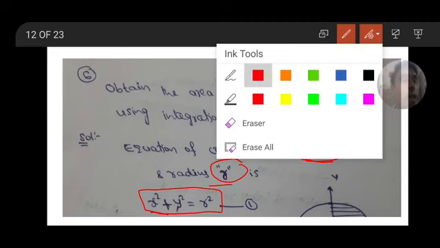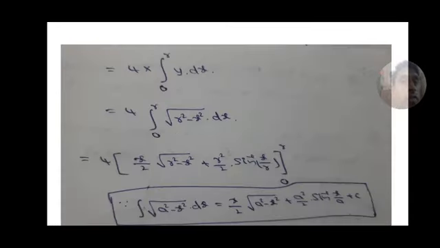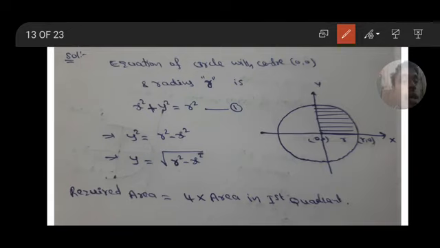And if you look at the graph, this is the circle graph with center (0, 0) and radius r. What is the total area? This area we have to find out.